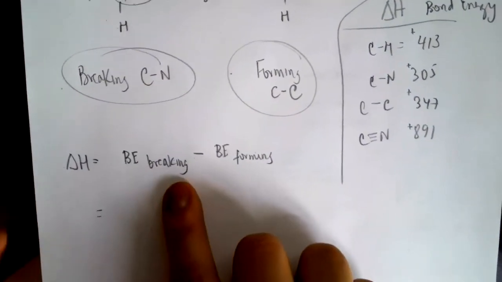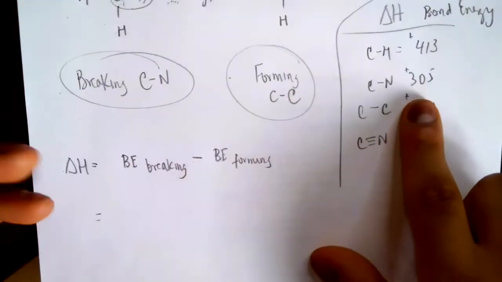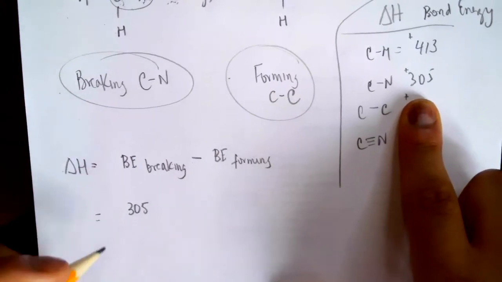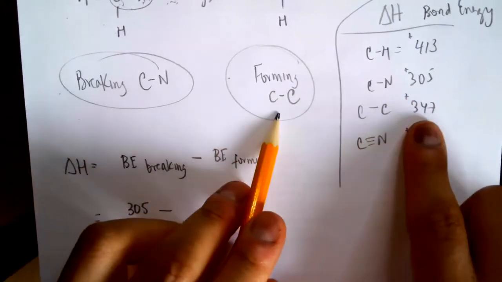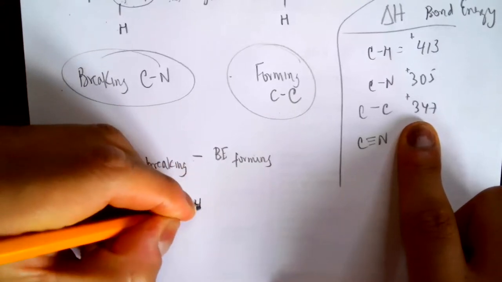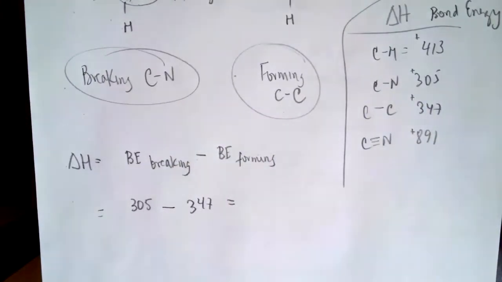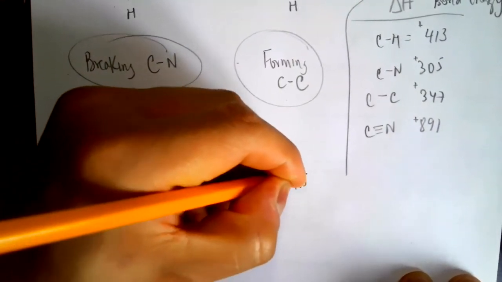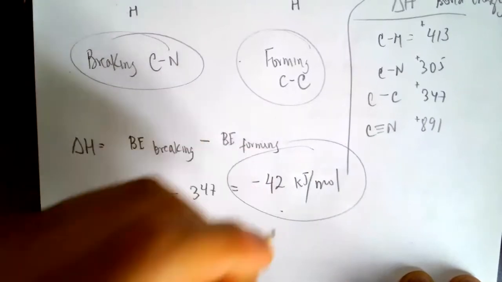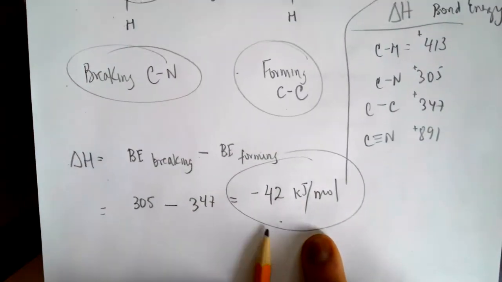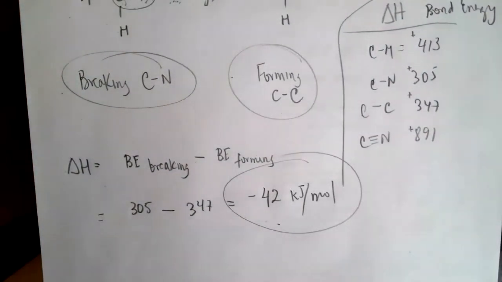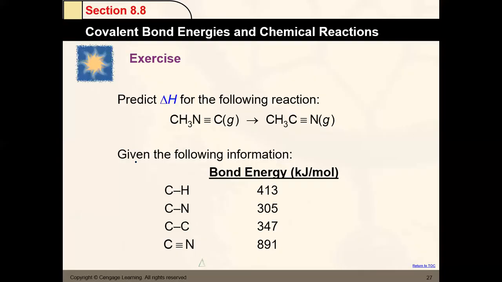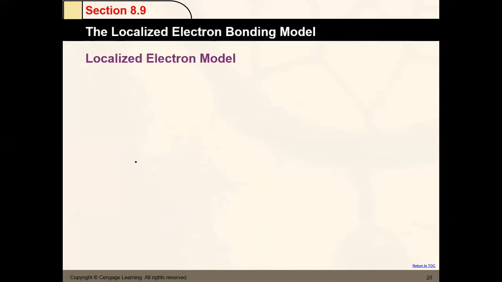What am I breaking? C-N, 305. Minus what am I forming? C-C, 347. The difference should be minus 42 kilojoules per mole. So this is a favorable process because it's exothermic. Let's see what the answer says: minus 42 kilojoules per mole. Yes, definitely. Okay, let's continue.